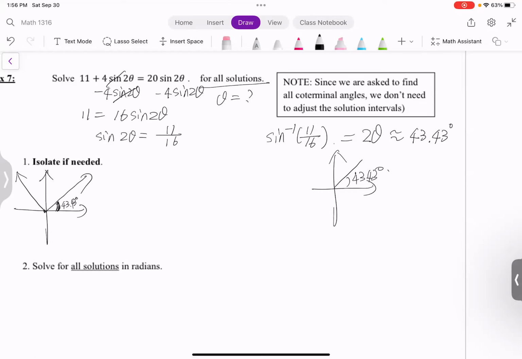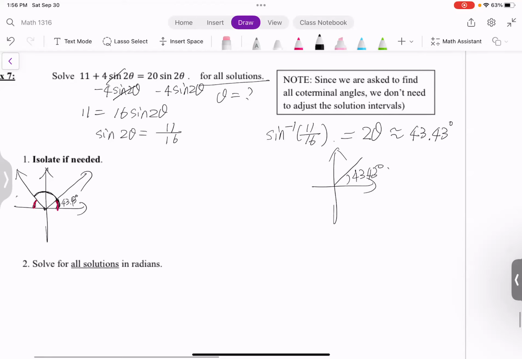How about another angle? This angle and this angle, the reference angles, are the same. That means here is also 43.43 degrees. Oh, I know how to find the angle in the second quadrant.